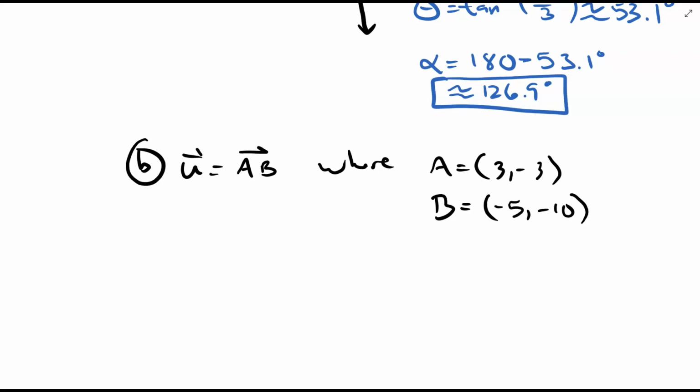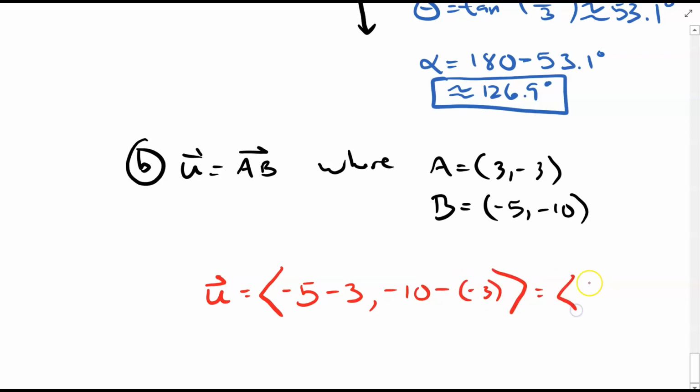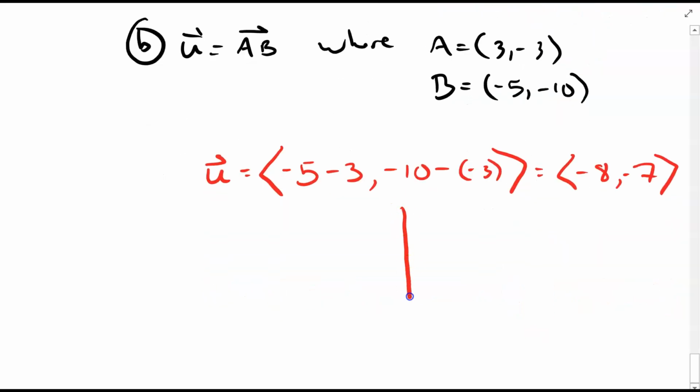It's easy to put these things in component form. So x2 minus x1, comma y2 minus y1.